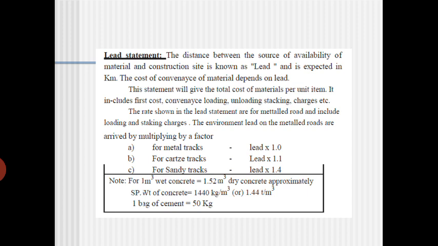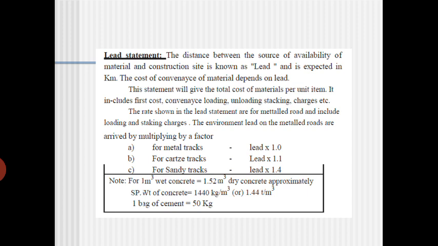That we can call the lead statement. It is very important nowadays, because many times the cost can go up.